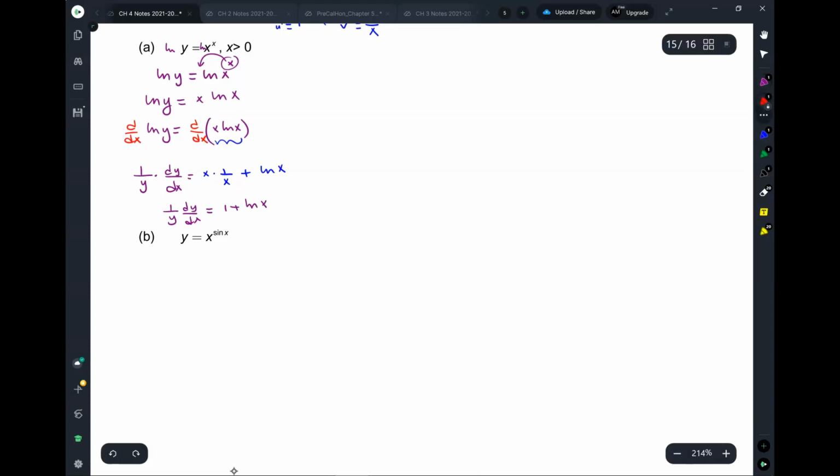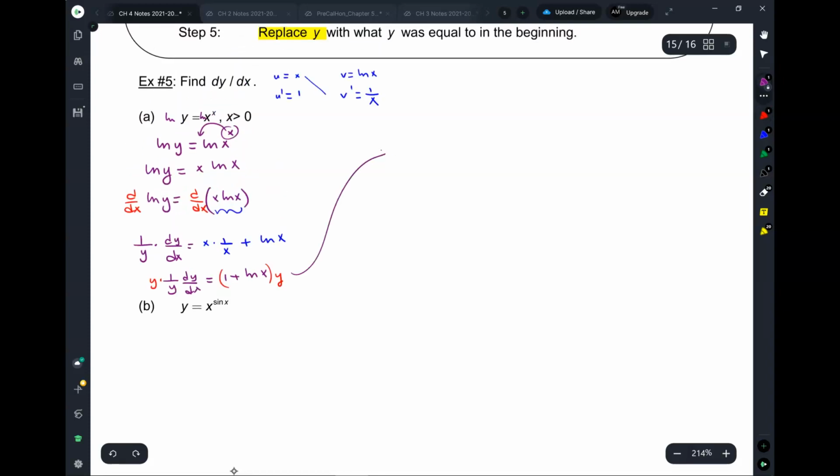Next, I need to solve for dy dx. So I'm going to multiply y on both sides. You got to distribute. Well, no. So here I have dy dx is equal to 1 plus ln of x times y.